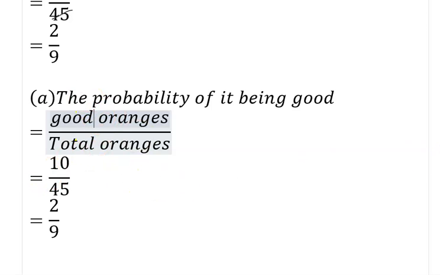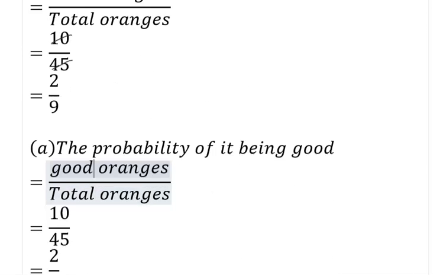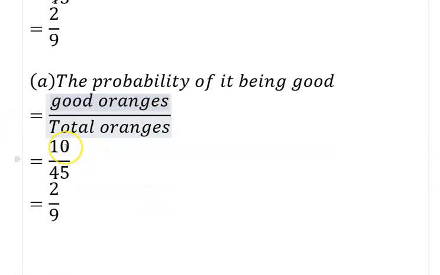How many oranges do we have that are good? We have 35 of them. Total oranges, we have 45 of them. So these ones can cut as well. 5 can go here, that's 7 times. 5 can go here, that's 9 times. Awesome. So here we have 7 over 9. We cannot cut again. That's for B.